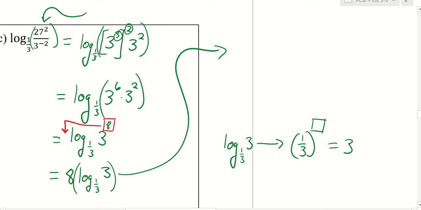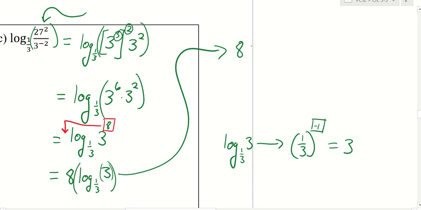Well, we know very clearly that if we take the reciprocal of 1/3, we'll get 3. What's a clever way to write taking the reciprocal? Well, we could just write it to the -1 power. So the logarithm of base 1/3 of 3 as the input should just evaluate to -1.